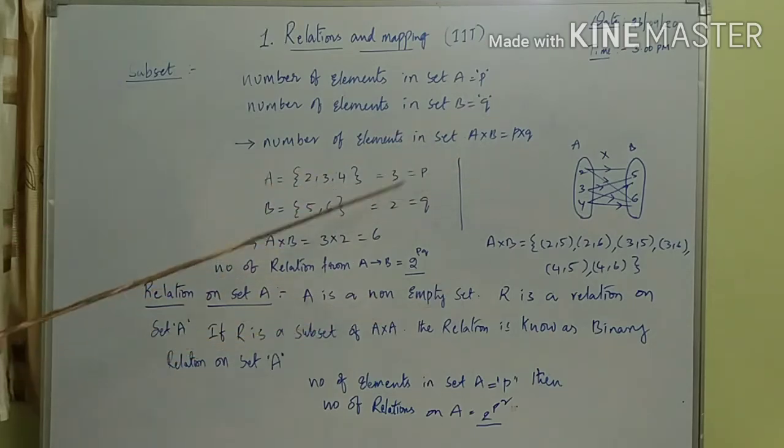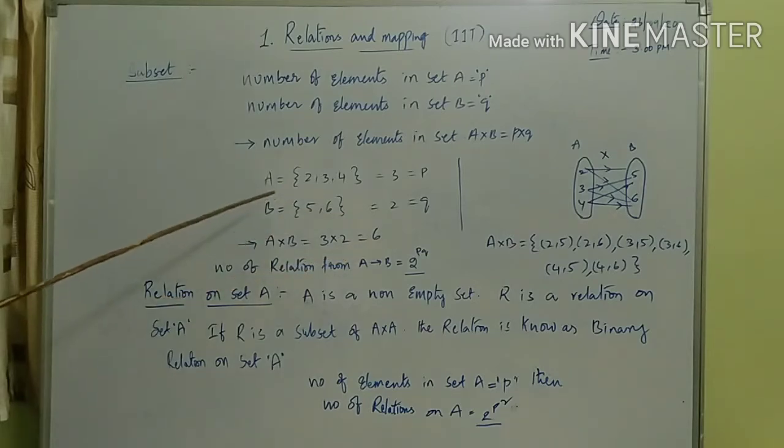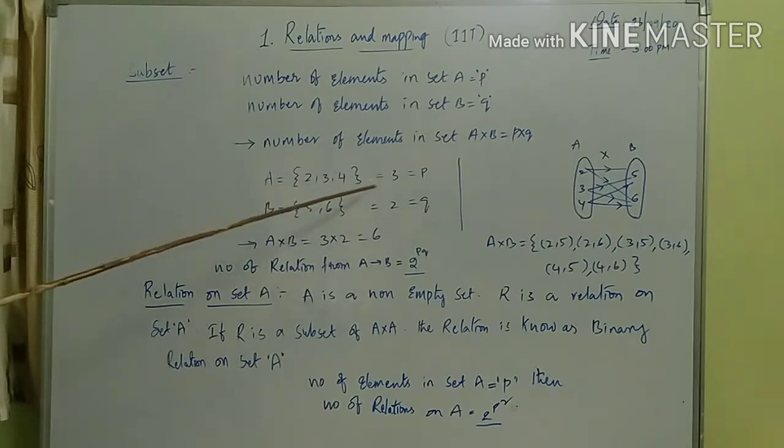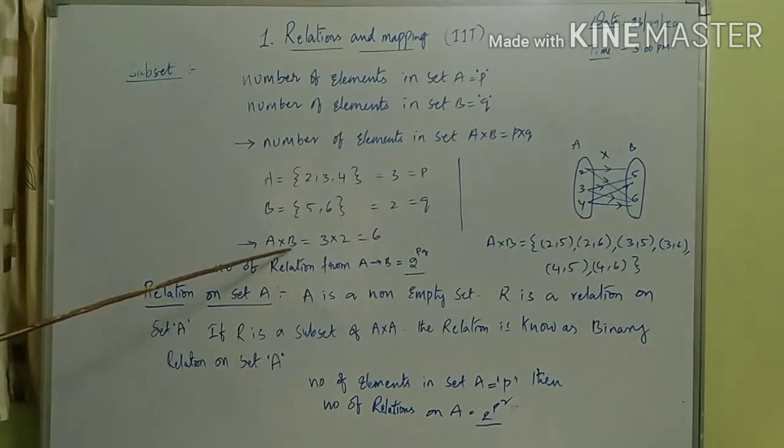So this is the example. A equals {2, 3, 4}, so 3 elements are in set A, that is P. Set B equals {5, 6}, so the set B has 2 elements, that is Q. So the number of elements in set A cross B is 3 into 2, which equals 6.